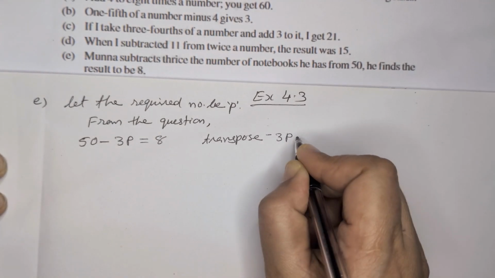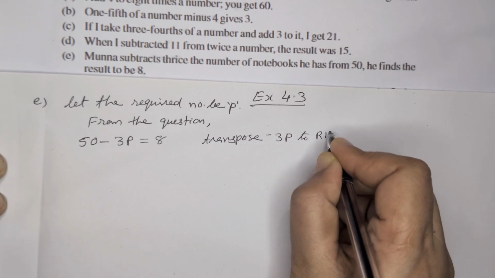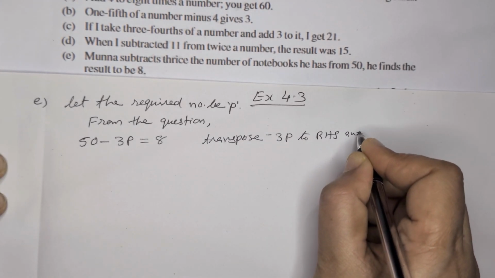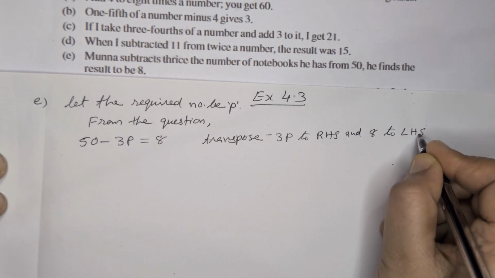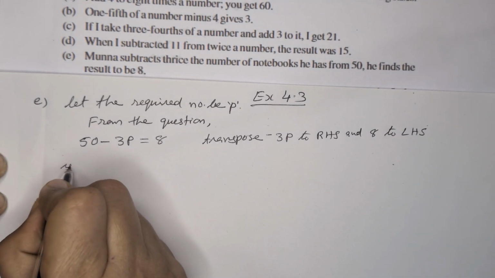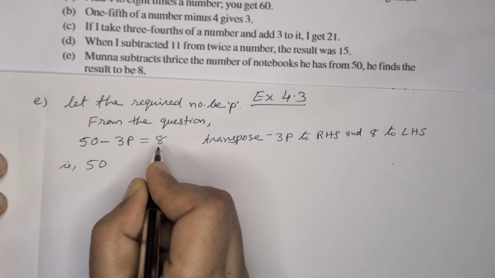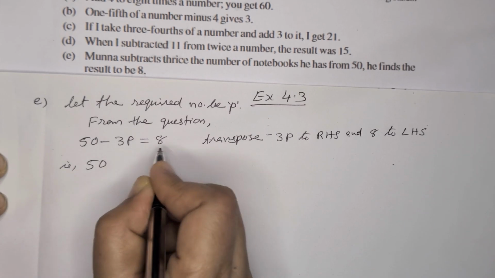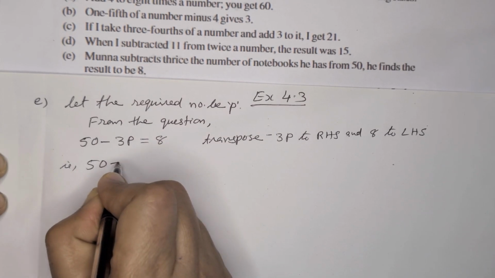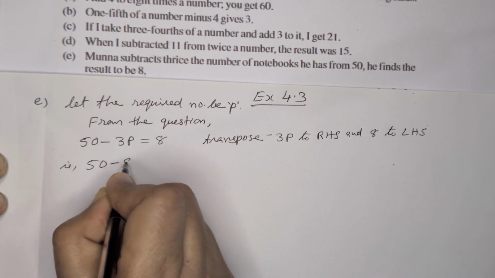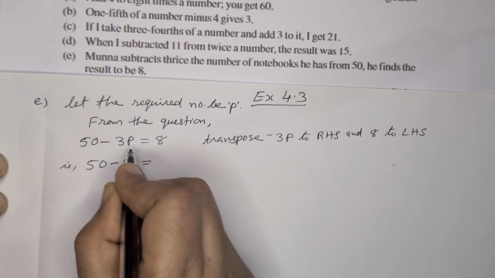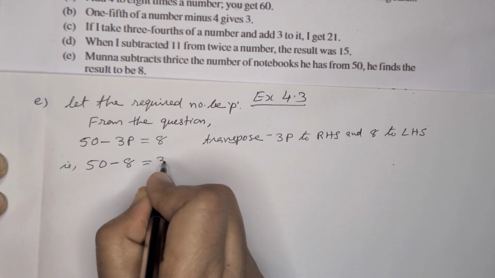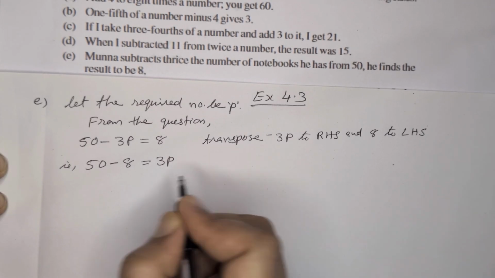That is, 50 is already here. When 8 is transposed to the left side, the sign will come opposite, that is minus 8 is equal to this minus 3P. When we are moving to the other side, it will come plus 3P.